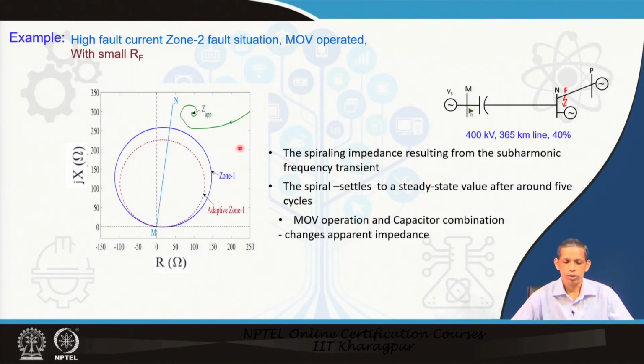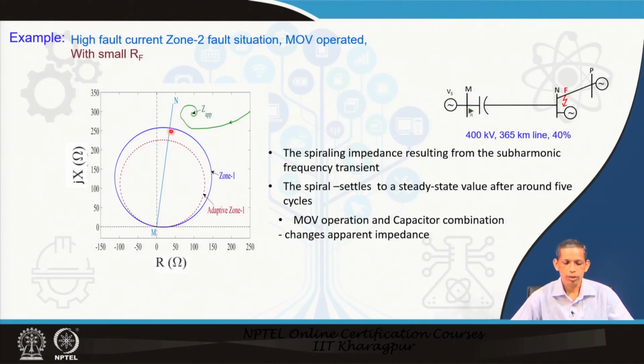But in the process, because of this LC presence, subharmonic frequency oscillations will be observed for some time. Typically this oscillation remains for around 5 cycles or so in systems, and then the MOV and the air gap operation bypass the capacitor, and it settles at a particular point. So, here because it is large current, small RF, the relay is able to adjust in terms of that.